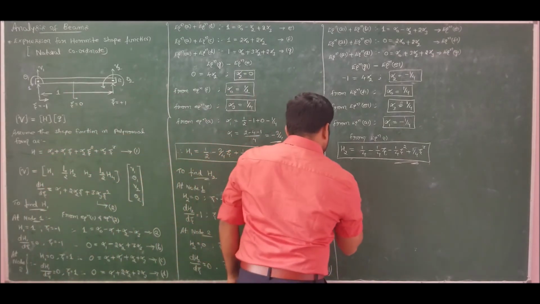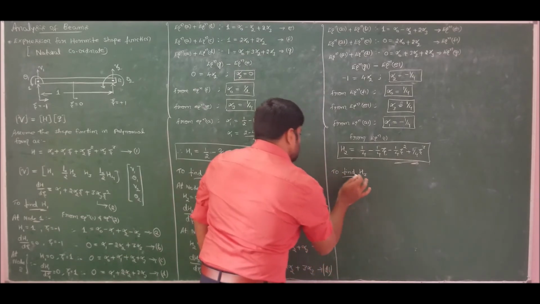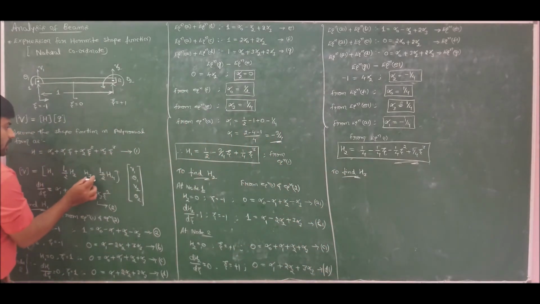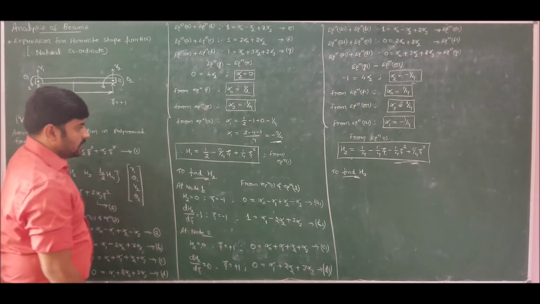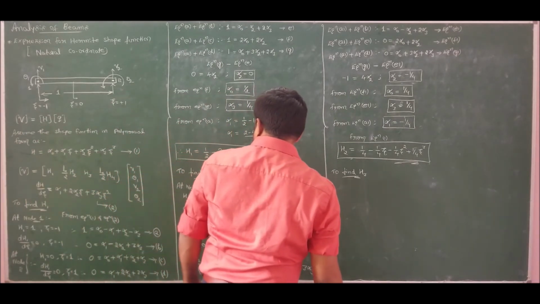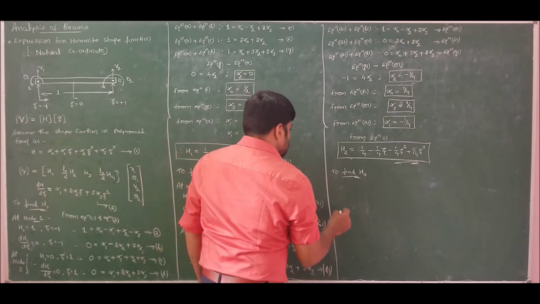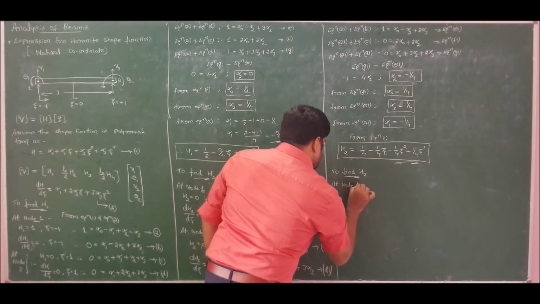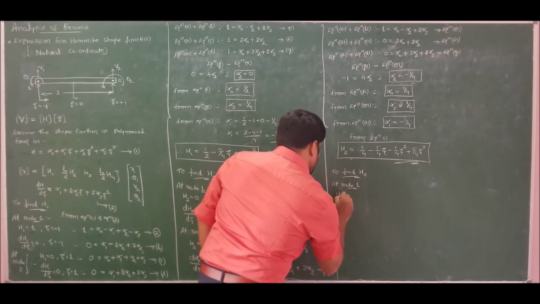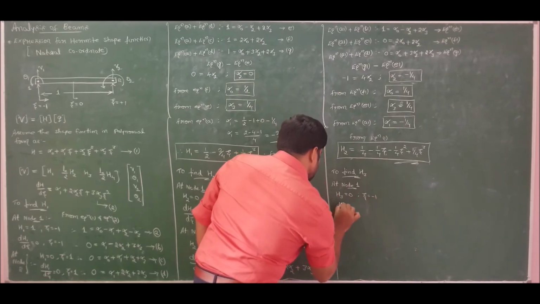To find h3, write down the boundary conditions. So h3 is corresponding to V2, so therefore it is positive at node 2 when zeta is equal to 1, that is its value is 1, when zeta is equal to 1, its derivative is equal to 0, because h3 does not correspond to theta 2. So hence at node 1 it is completely 0, therefore at node 1 the value of h3 is 0, whereas zeta is minus 1, its derivative is also 0.